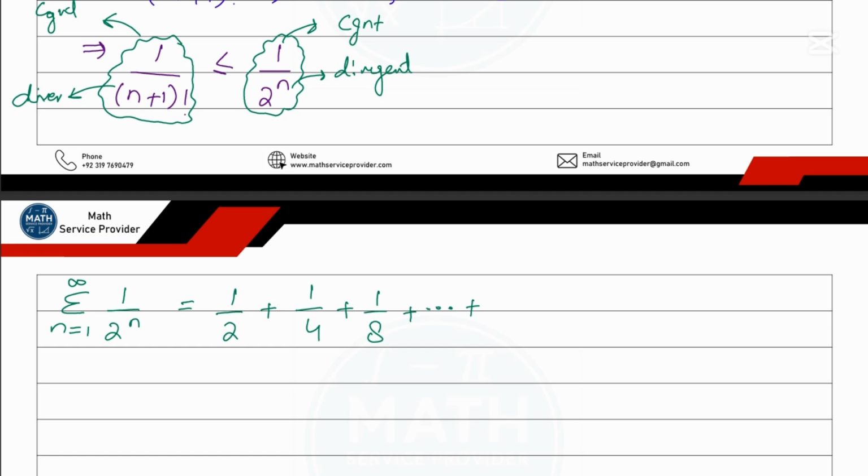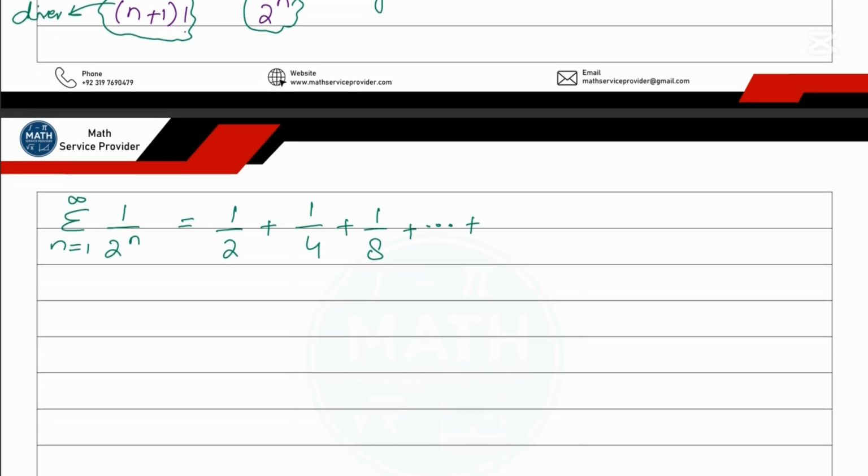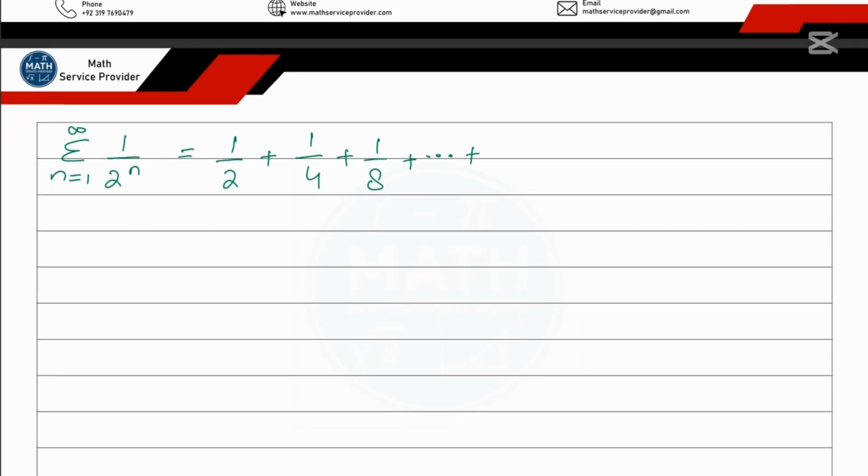It's a geometric series because if you take the common ratio of any two terms, our answer will be the same. So the common ratio here is r equal to 1 by 2.